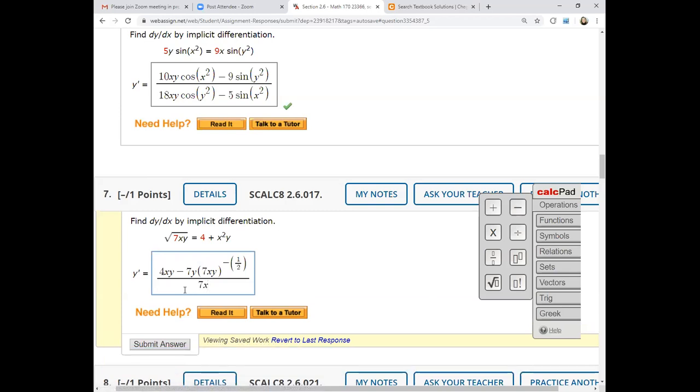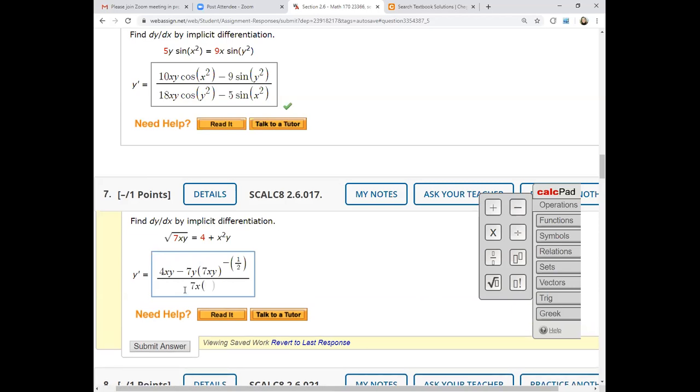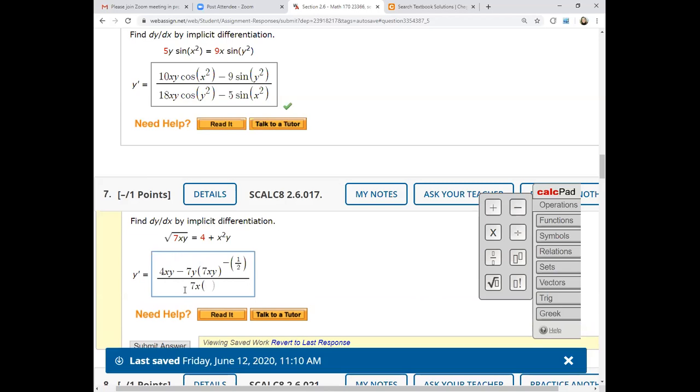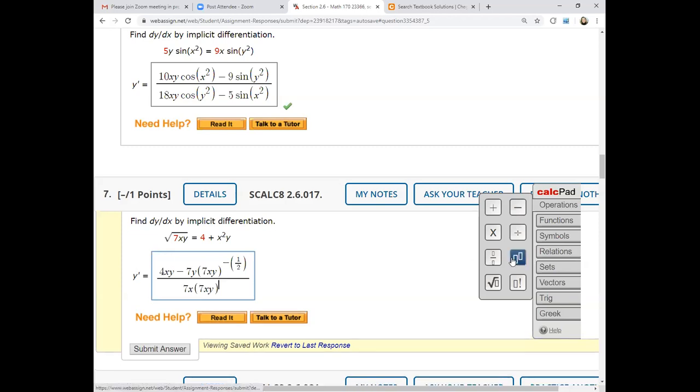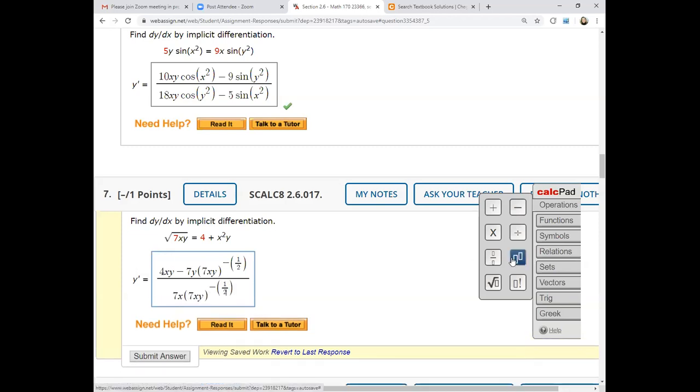So I would have 4xy times the square root of 7xy minus 7y, over 7x minus 2x squared times the square root of 7xy.